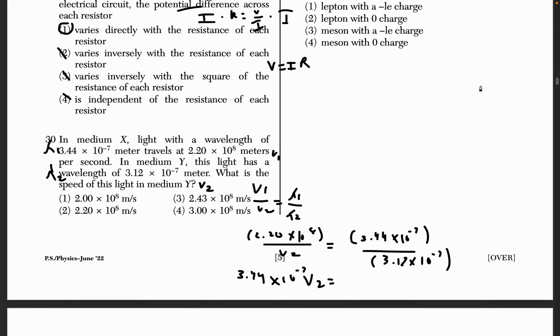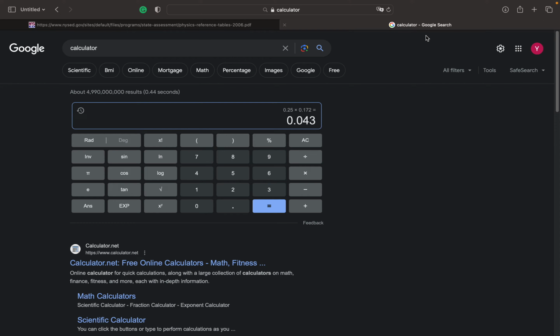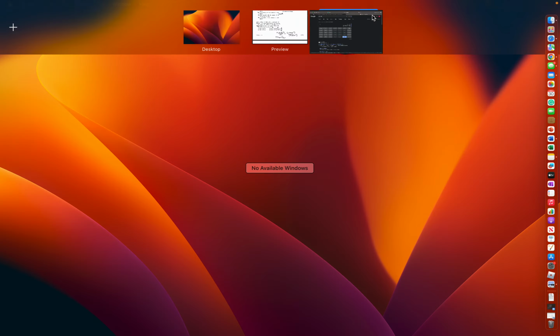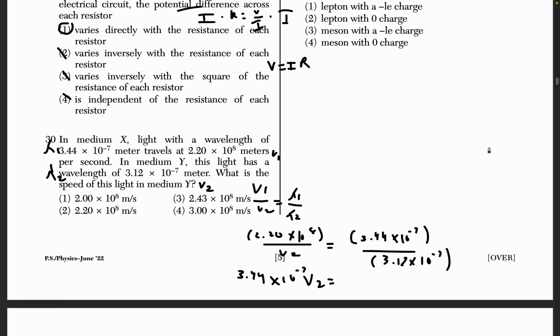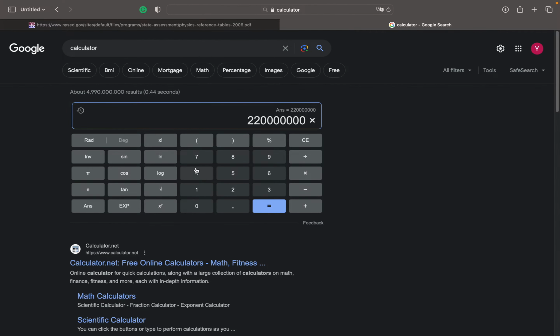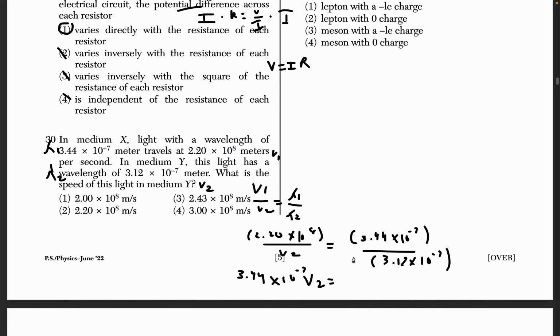Okay, so we have to multiply these two. 2.20 times 10 to the 8th, and then multiply this by 3.12 times 10 to the negative 7. That gives 68.64. So divide this by 3.44 times 10 to the negative 7.